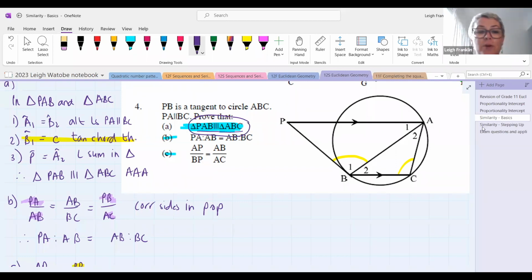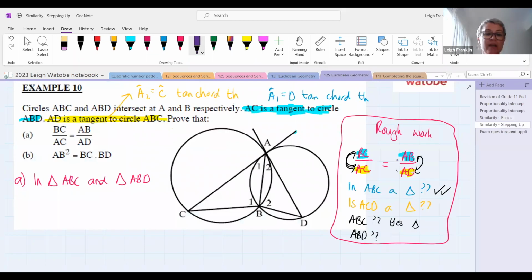Compare that to what we're doing now. Here, question A is not telling us which triangles we need to prove are similar. That's why this is more difficult, all right? But we are not allowed to write down BC over AC equals AB over AD. Our first statement on the page has to be the triangles that we are working in.